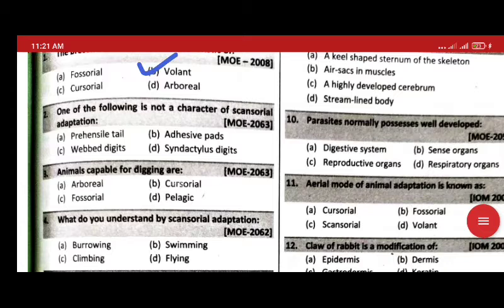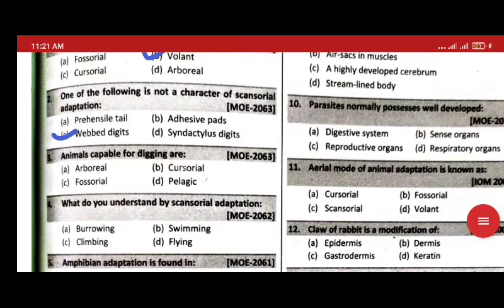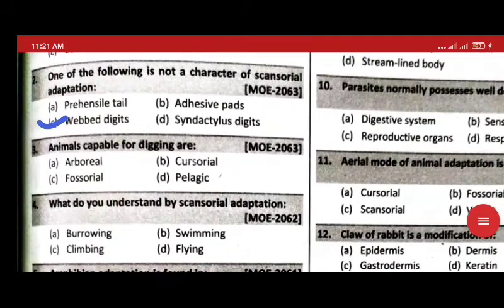So webbed digit is not, because webbed digit is for swimming in water, and prehensile tail is not for climbing, it is for hanging, and adhesive pad is for wall climbing, and syndactyl digit is for the same wall climbing.